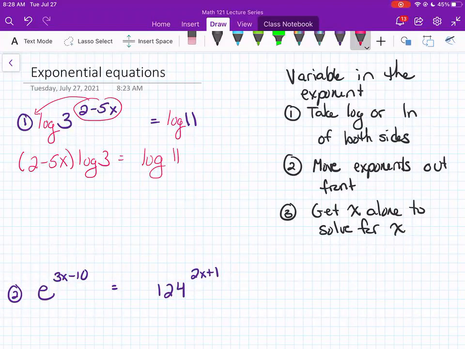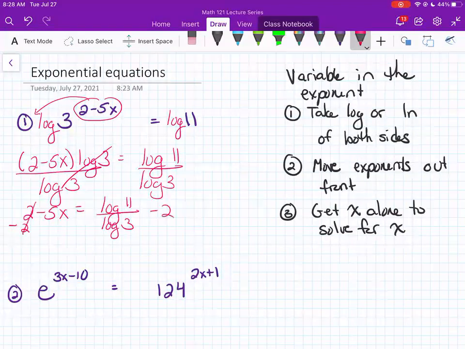Well, now I can distribute that log 3 to everything, or I can divide first. I'm going to divide first because notice now this leaves me with 2 minus 5x equals log 11 over log 3. And I can subtract 2 from both sides, leaving me with negative 5x equals log 11 over log 3 minus 2.